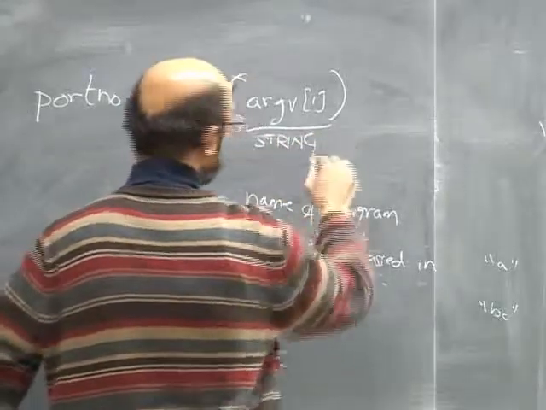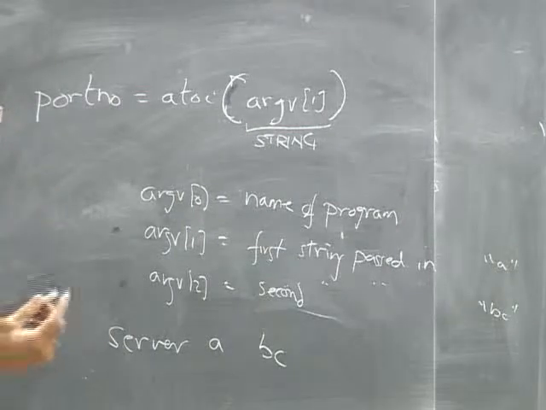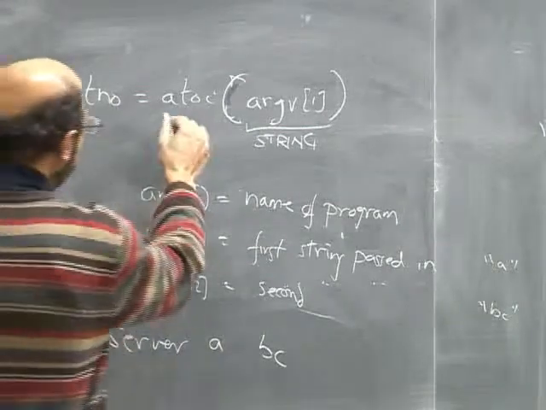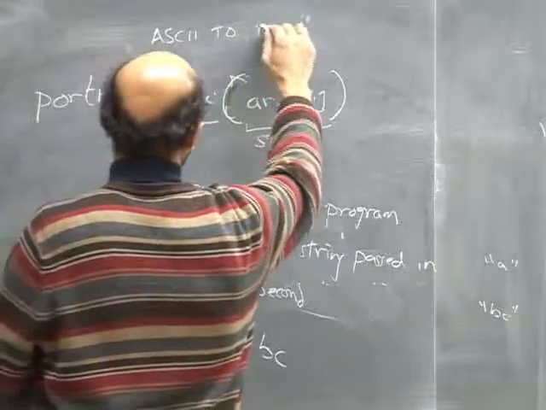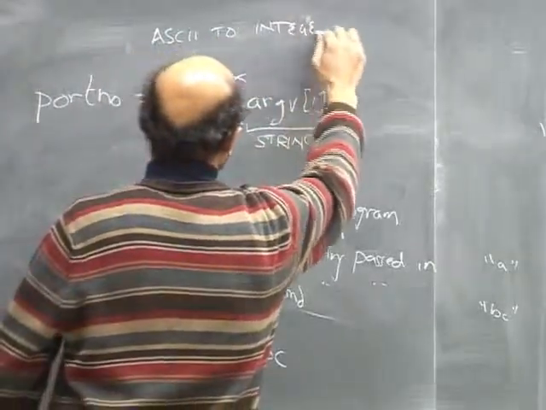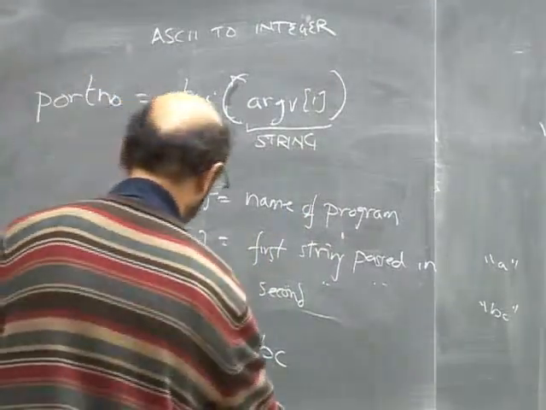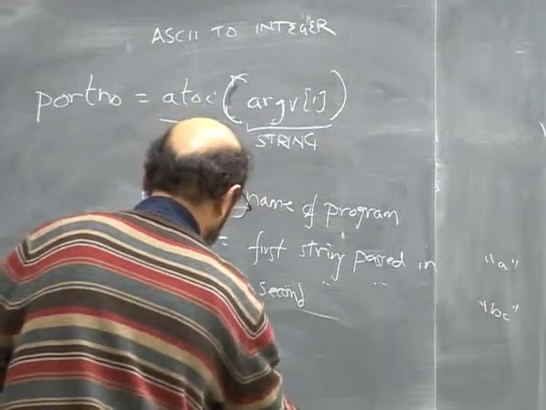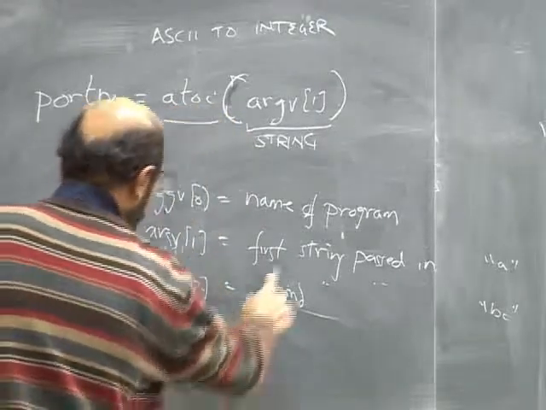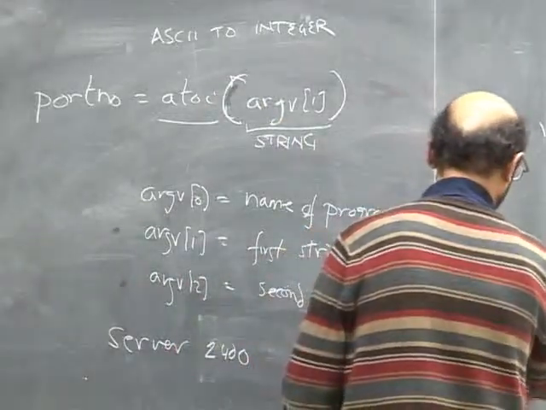But remember, we want a number, okay? We want the port number, like 20 or 84 or 2000, right? So atoi stands for ASCII to integer. It's taking that string. Let's say in this case I invoke server and give it 2400, then I'm going to get this string to be the string 2400.